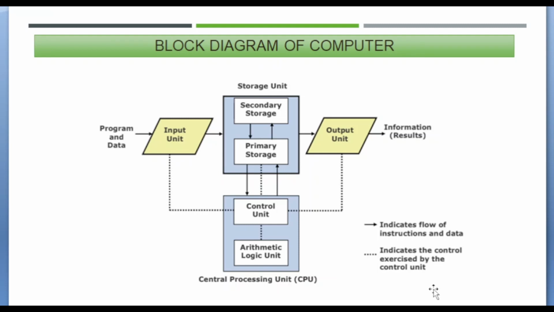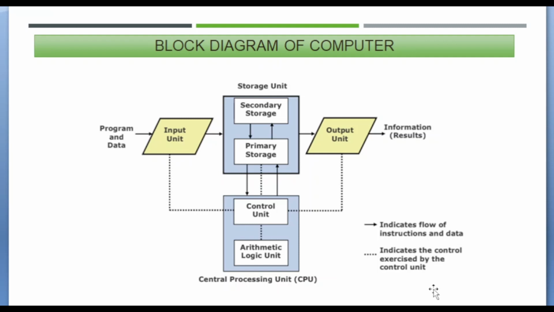The set of instructions is presented to the computer in the form of raw data, which is entered through input devices such as keyboard and mouse. After that, this set of instructions is processed with the help of CPU, and the computer system produces an output with the help of output devices like printers and monitors, where we can see our input and processed data.